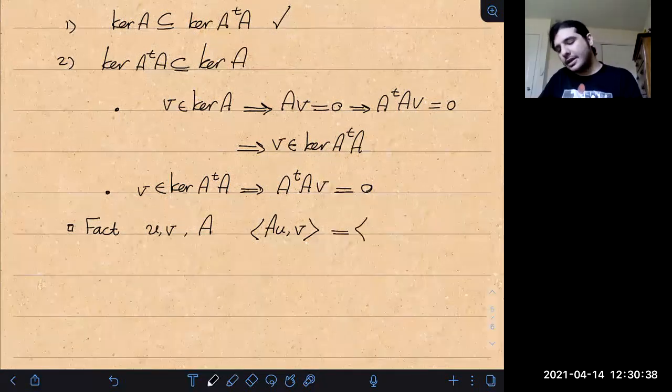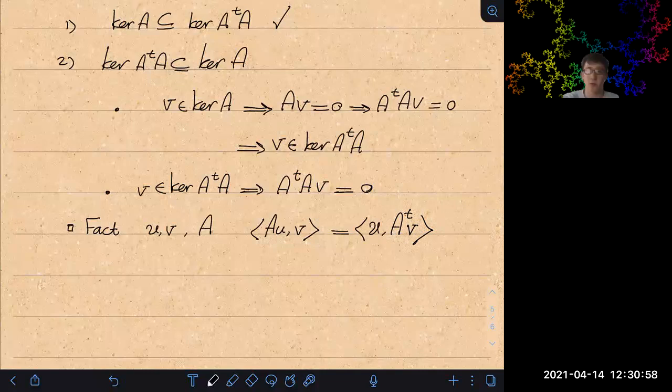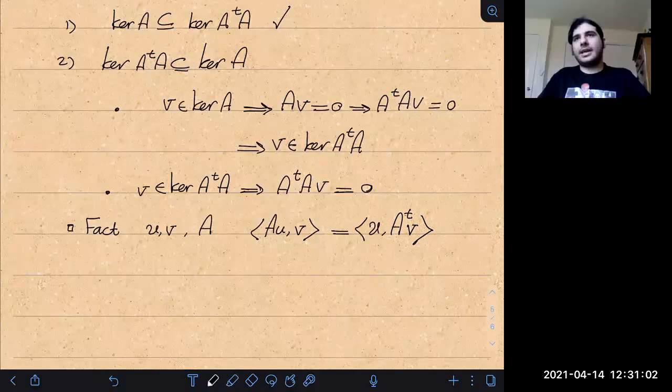This inner product is equal to the inner product of u and A transpose v. That's a simple fact. You can just write down the definition of the inner product on both sides and you would see that. We've proven this in lecture. Oh, that's great. So I want to use that.